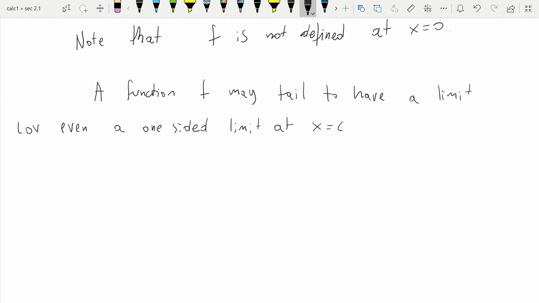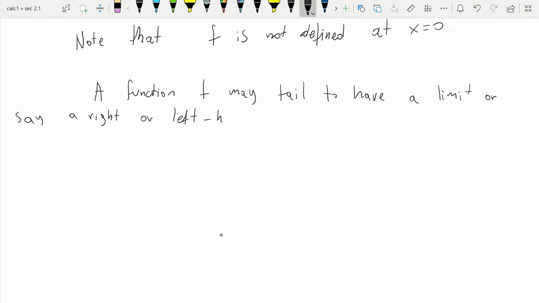So let me rephrase that. The function may fail to have a limit, or say a right or left limit at x equals c.